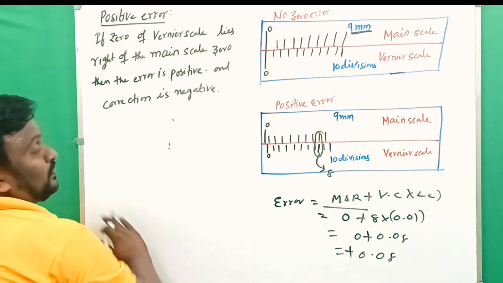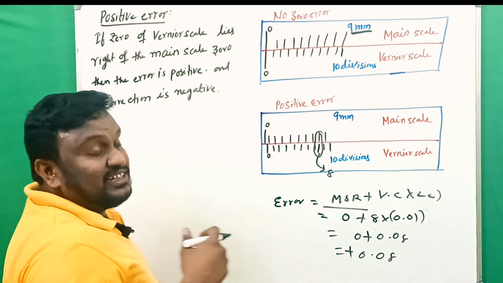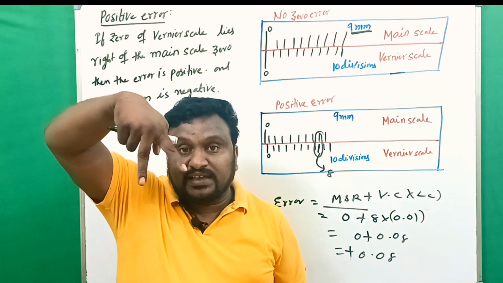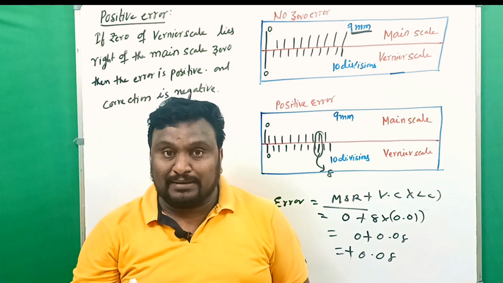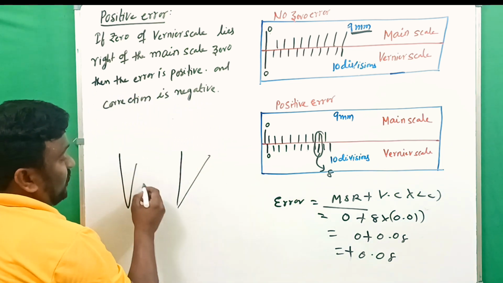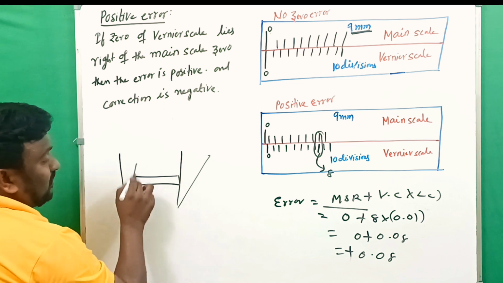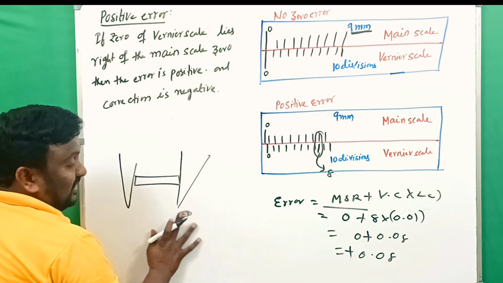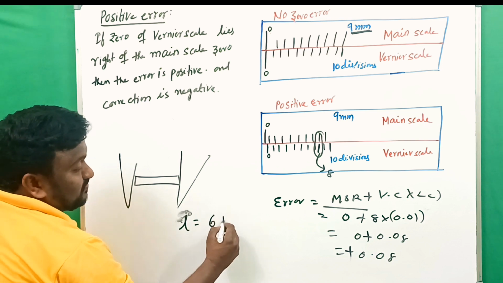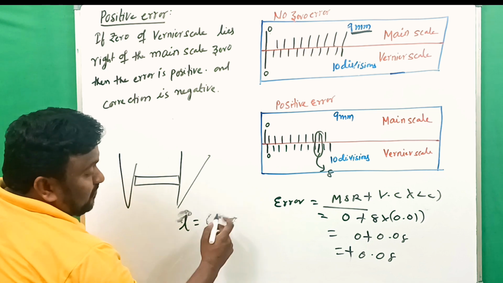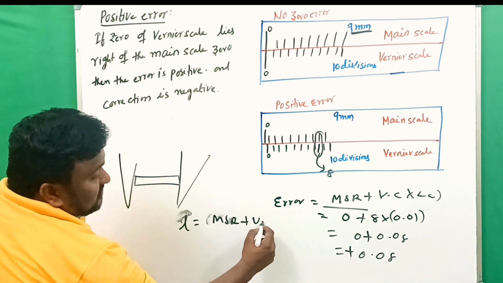For example, while taking a reading, in between these two external jaws one cylinder should be kept. This is one jaw and this is the other jaw. Now we keep the object here. By the procedure we already discussed, the length is MSR plus VC into LC.